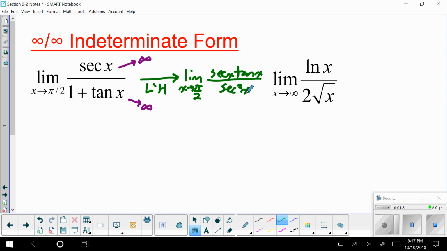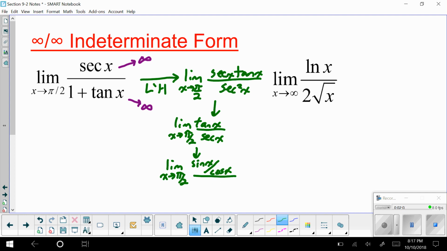I'm going to simplify that a little bit just to clean it up some. So that's the limit as x approaches pi over 2. One of the secants cancel, leaving me with tangent over secant. But if I think of those as sines over cosines, that's the limit as x approaches pi over 2 of sine of x over cosine of x, all divided by 1 over cosine of x.